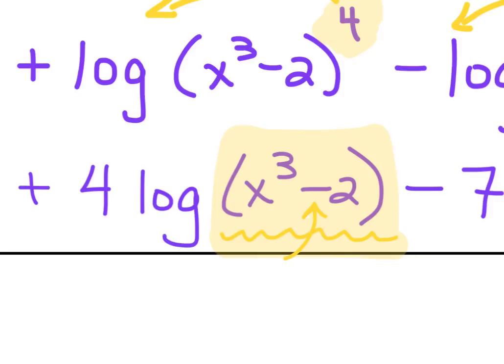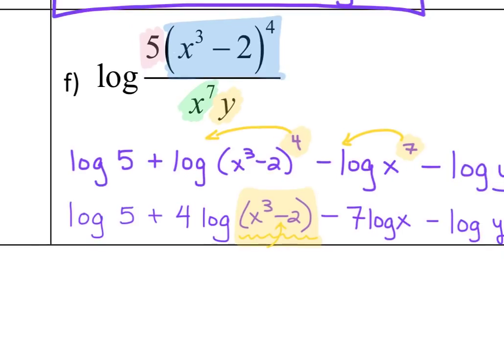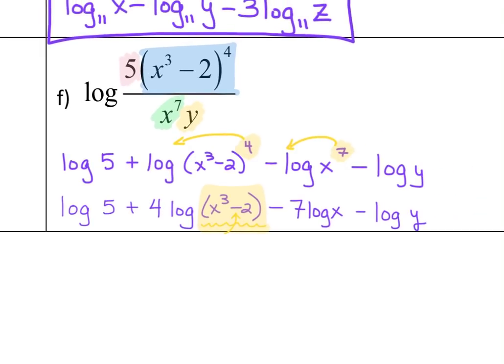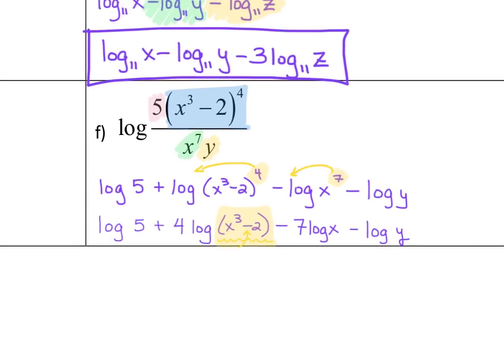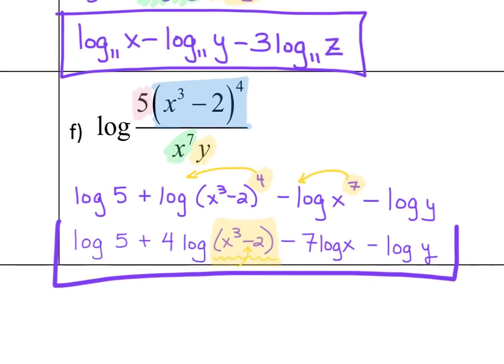You can only expand if the argument is a multiplication problem or a division problem or has an exponent on it. And so you are now done with this problem. You can't do any more. Remember, sometimes in math, the hard thing is to know when you're finished, especially when you're talking about simplifying things. So that's your final answer for F.